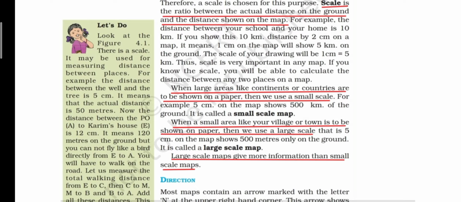The small scale map is showing a large area like continents and countries, and a large scale map is showing smaller areas like your village or the town in which you are living. So, the small scale map covers a large area of the earth and shows it in a small space. The example can be the map of the continents and countries, and these are drawn on small scales.